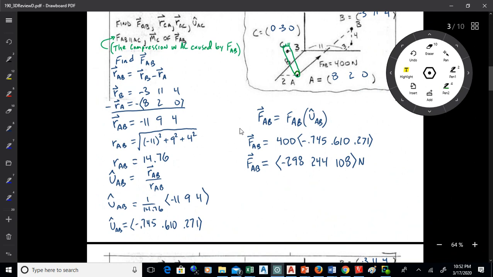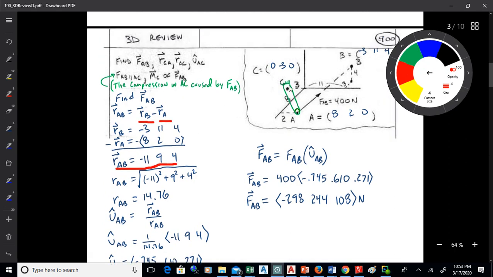All right, so there's just a series of processes here that are 3-dimensional processes. The first one is to find the force from A to B. The first thing you want to do is find the position vector from A to B. And when you do that, you want to reverse the order. You want to take RB minus RA to start, and that will get you the position vector from A to B. So we had to find the coordinates of A, B, and C. I've got them filled in there.